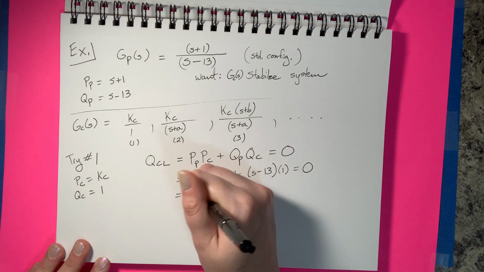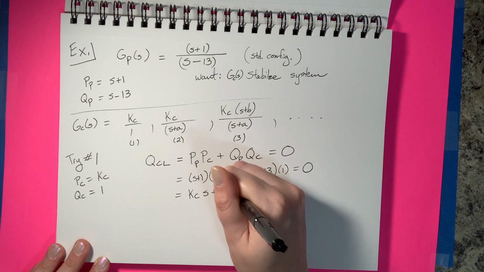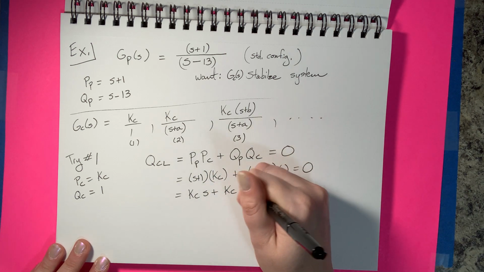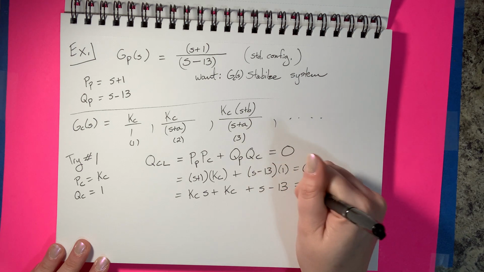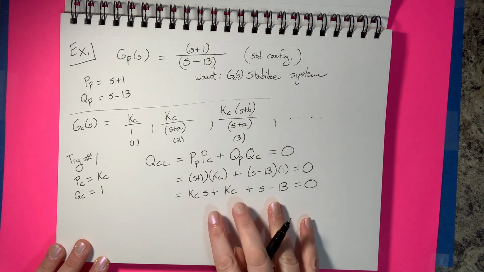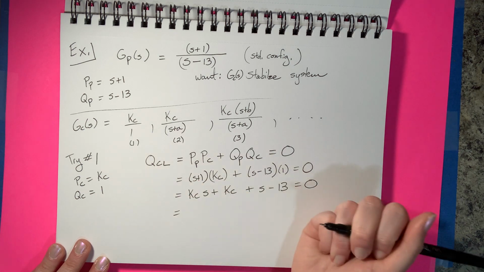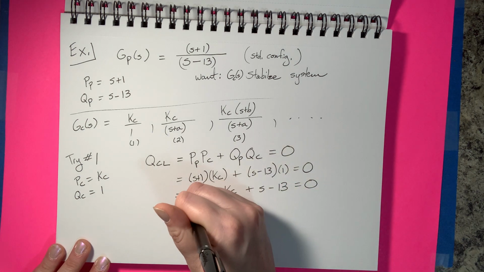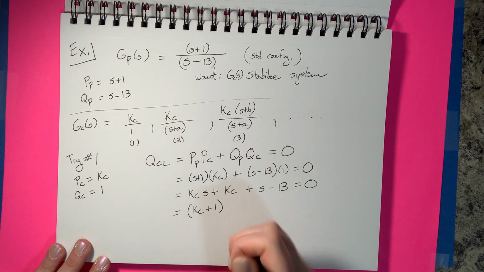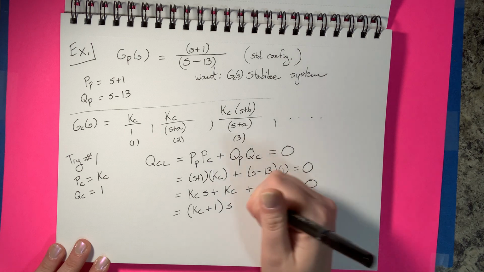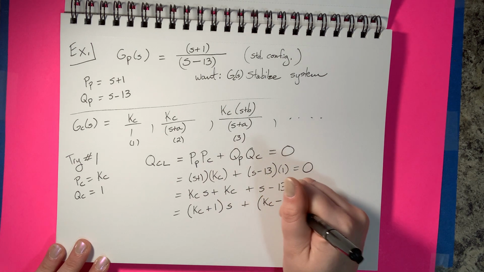All right, so we have a KC times S plus a KC right here, and then we've got an S minus 13. And now when you work through these problems, you're going to have a case that is similar to this, and that is where we end up with an equation that is not monic. So you can see here that I've got KC plus 1 in front of the S, and then my other term is the KC minus 13.